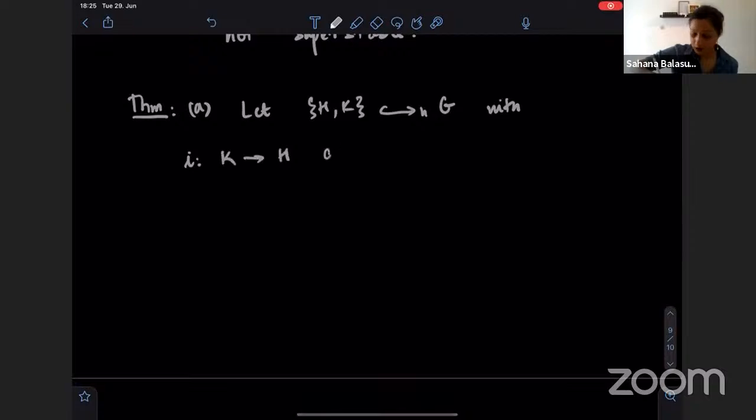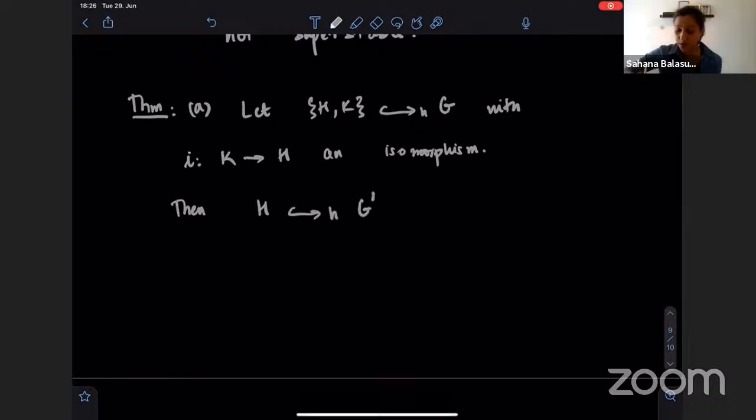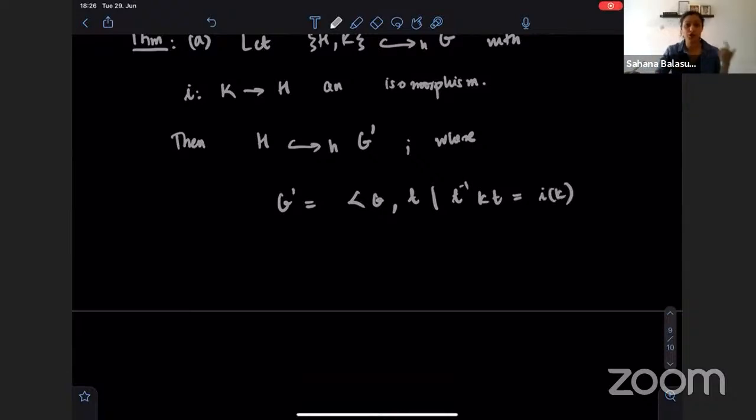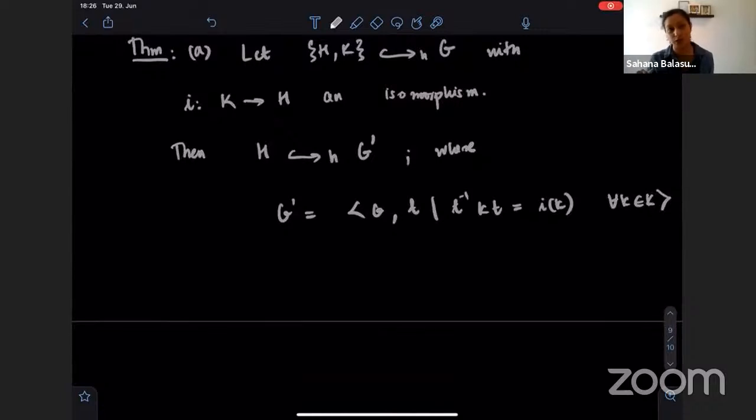So suppose you have G, a group, and you have a pair of subgroups H and K that hyperbolically embed into G with, let's say, an isomorphism I from K to H. Then H still hyperbolically embeds into G prime, where G prime is the HNN extension of G which, of course, conjugates K onto H. So you can take such an HNN extension and still produce a hyperbolically embedded subgroup.